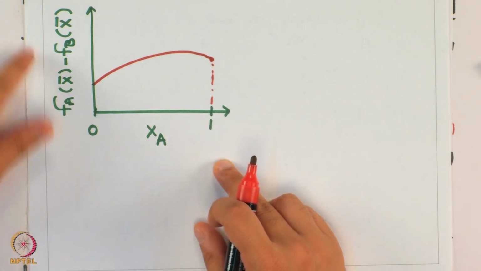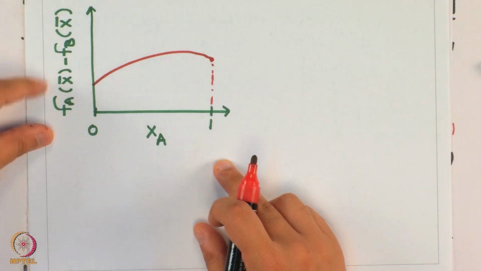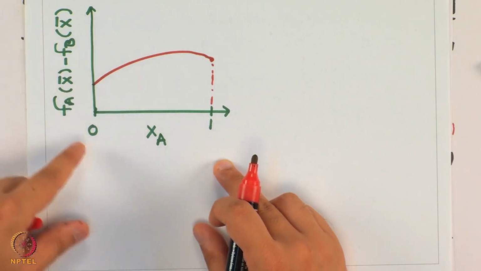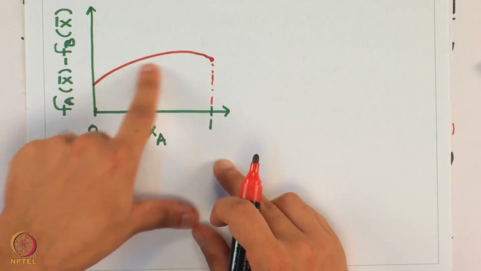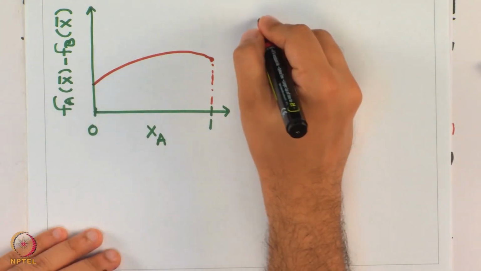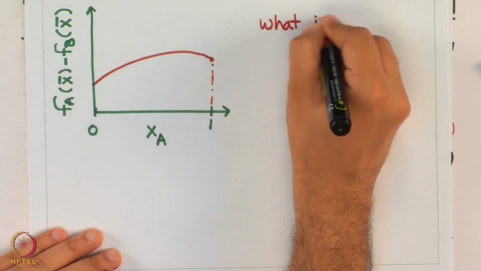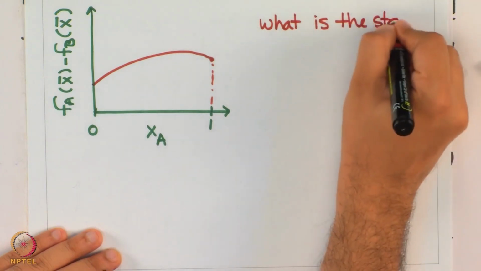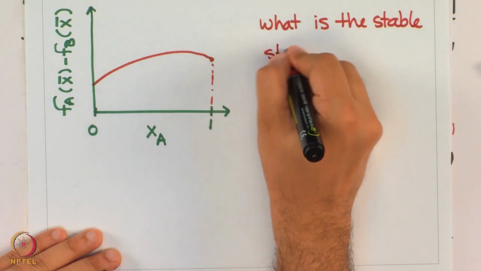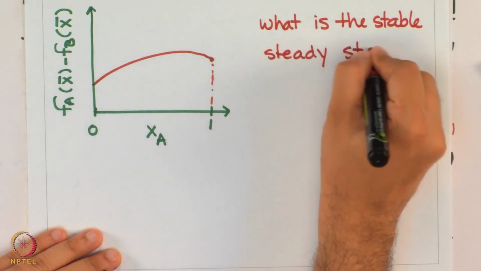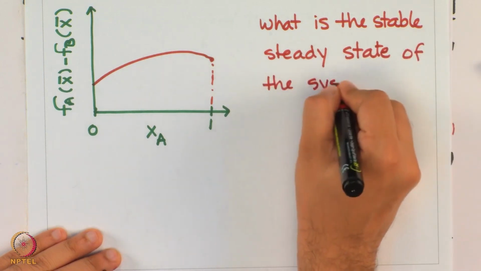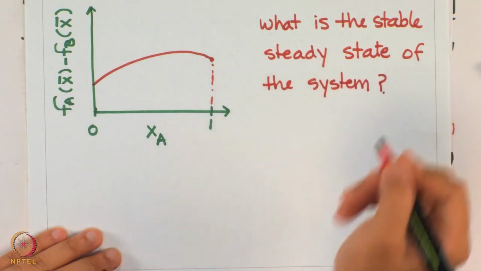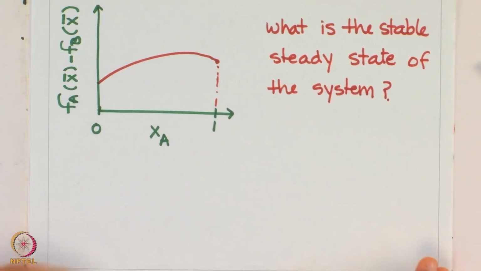If the quantity f A of x minus f B of x, which is the difference between fitness of genotypes A and B, looks like this, which is not constant but is changing with composition, what is the stable steady state of the system? Okay. So, in one sense we have already talked about this. So, maybe pause the video for a minute or so, think about the system and continue thereafter.